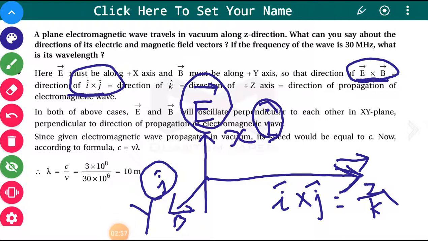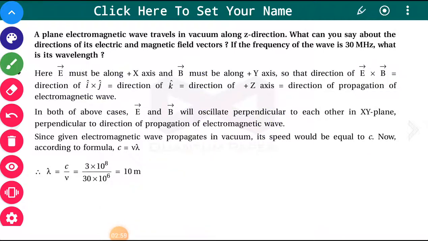Now, as you know that c is equal to nu into lambda, that is frequency multiplied by wavelength will give you the speed of electromagnetic waves. So c is equal to lambda into nu.